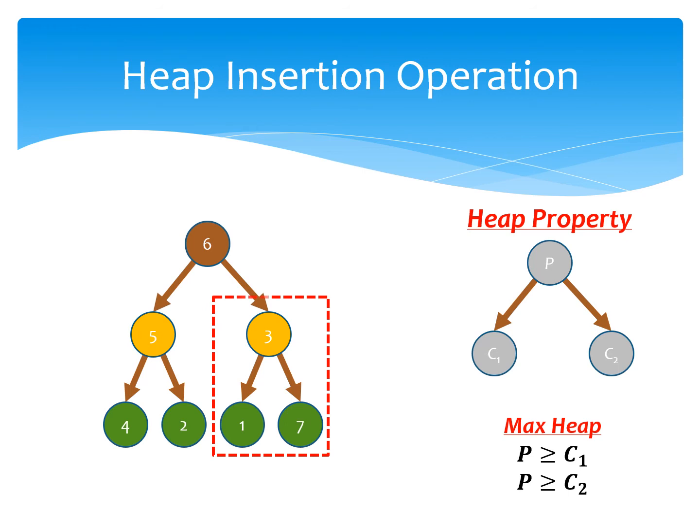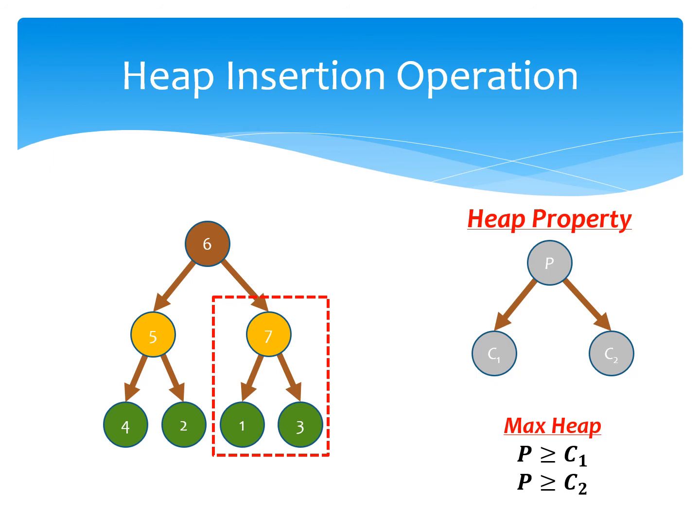As highlighted in red rectangle, insertion of the new node with the value 7 violates the heap property of the max heap. For this reason, we swap node 7 with its parent node 3, so that nodes in the red rectangle satisfy the heap property.